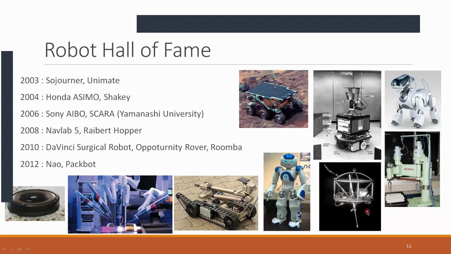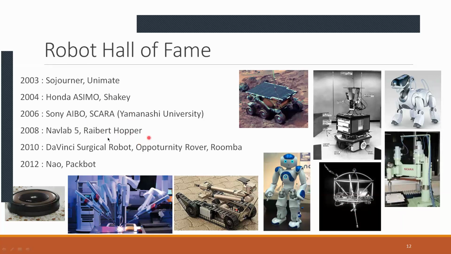So the Raibert Hopper, this doesn't really do anything useful, but it's the first robot which was capable of jumping up and down while balancing without falling. So it was able to maintain balance while jumping up and down. And at that time, it was an extremely high technological achievement, and therefore it's in the Hall of Fame.